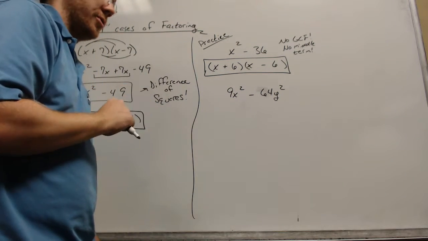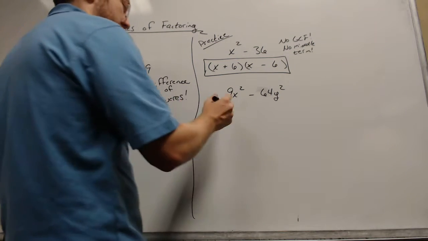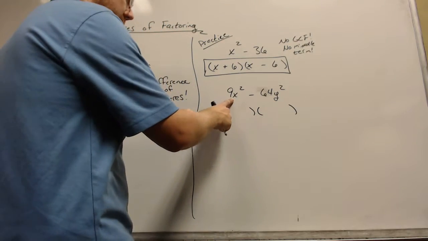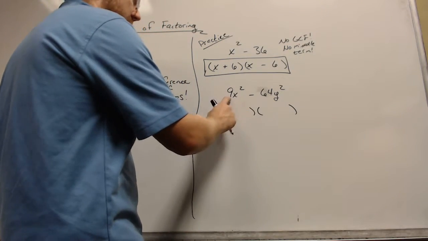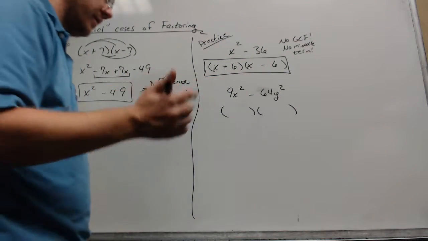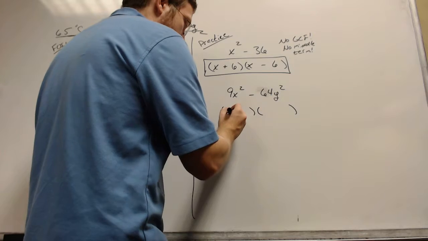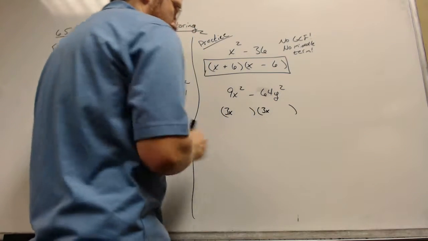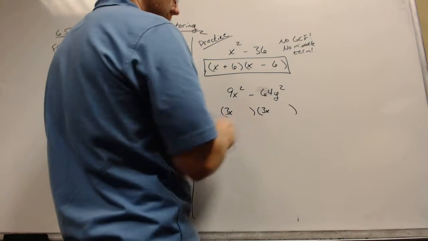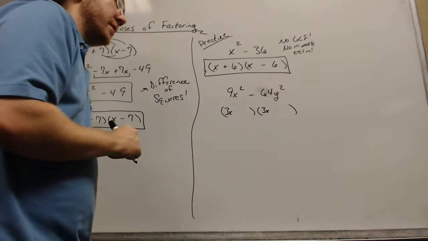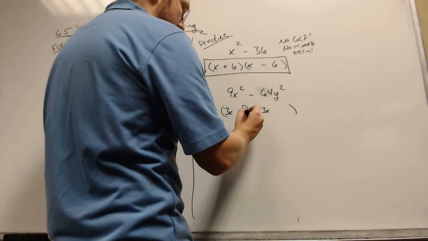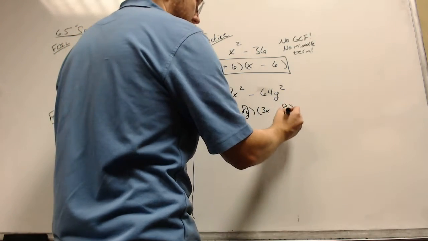So it is screaming, I'm a difference of squares. Let's unfoil this and think about it. What two identical factors can I place here and here that would multiply to get 9x squared? Yeah, that's right, it'd have to be 3x and 3x. Right, these are identical and they multiply to get here. 64y squared, what two identical pieces could multiply to get 64y squared? Well, that would have to be 8y and 8y.